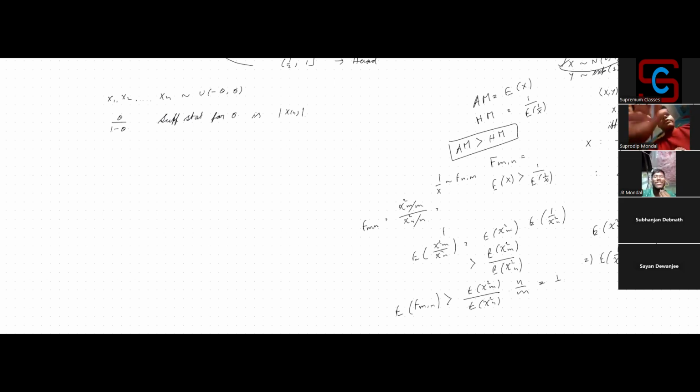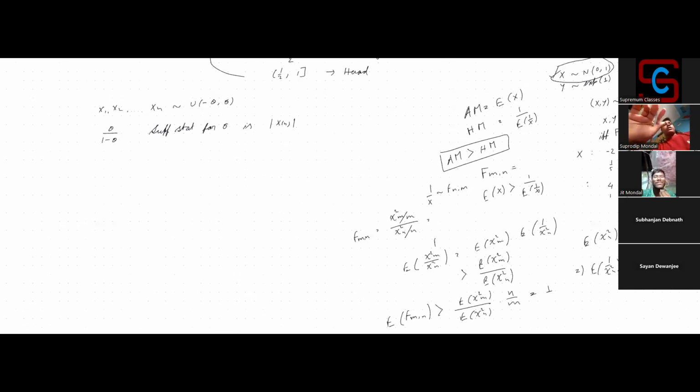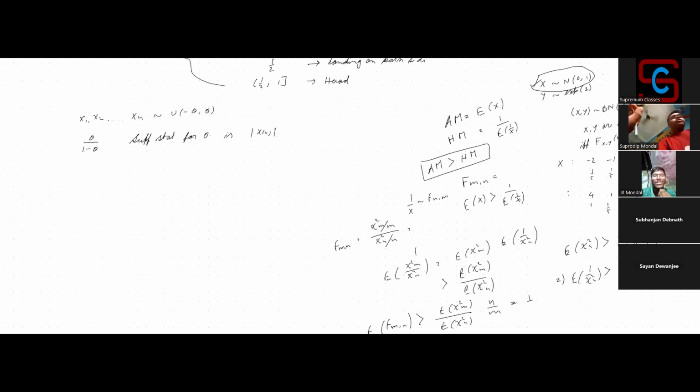Is it sufficient for theta from the distribution that I have given? Will the minimum not depend on theta? If we take the mod, then this will be sufficient. Okay, you have written mod. Okay, you can proceed.